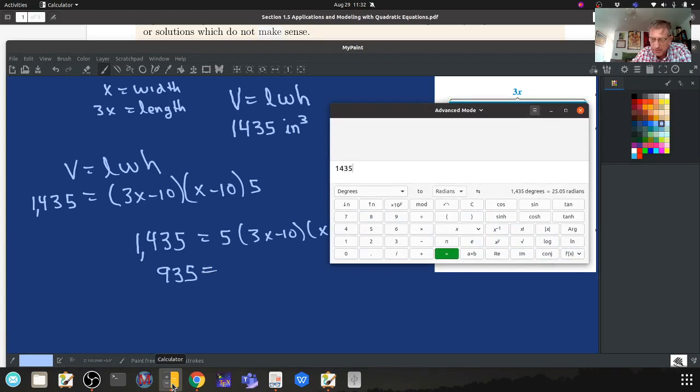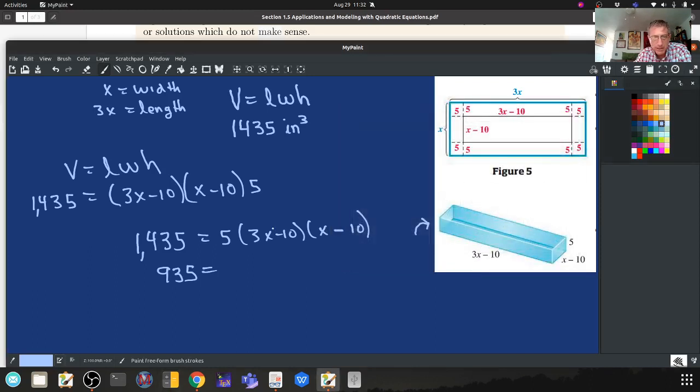I've already spent so much time talking about dimensionality, I don't want to do this in long division. 1,435 divided by 5 is 287. So I'm glad I did that. That didn't seem right to me. So it's 287. I'm actually changing the way I have in my notes.